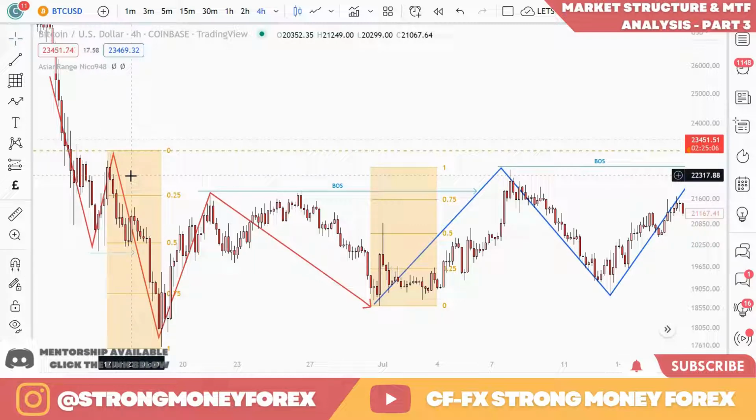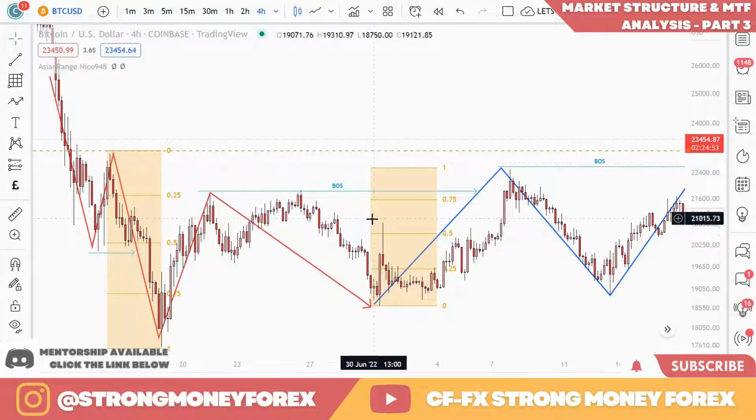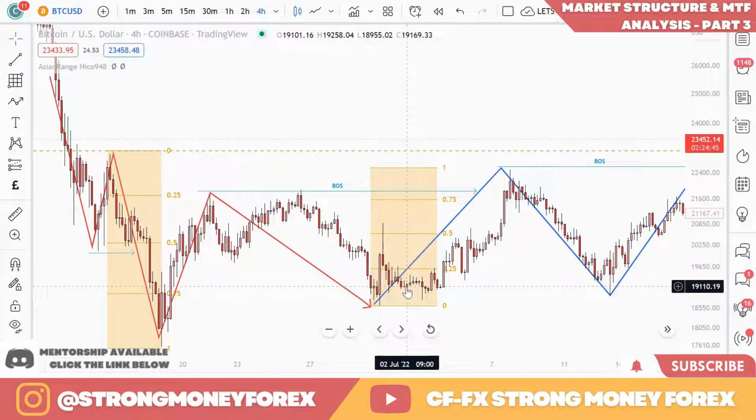Now, why premium and discount are relevant is for point one, to show you where price is most likely to reverse from, okay? Premium is where the big players are most likely to sell from, and discount is where the big buyers are most likely to buy from.